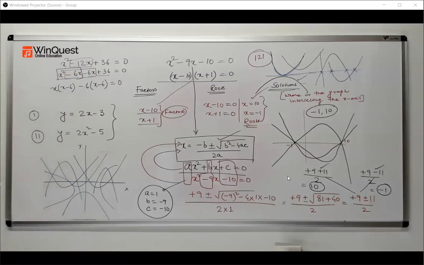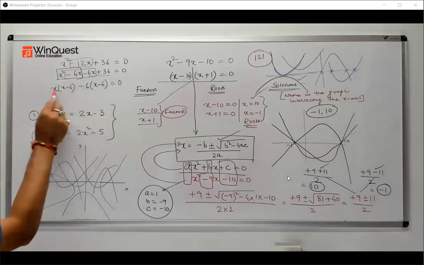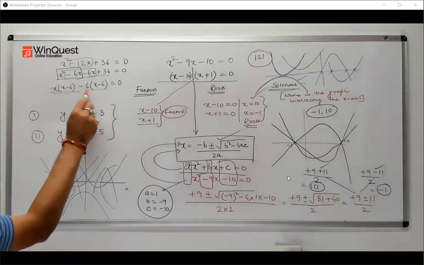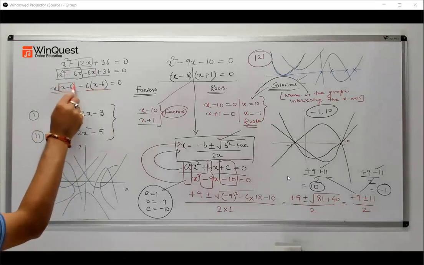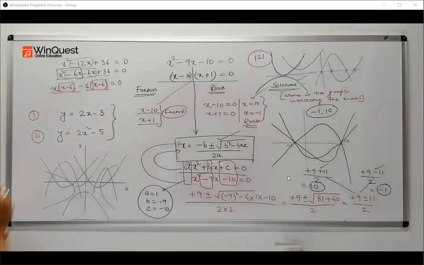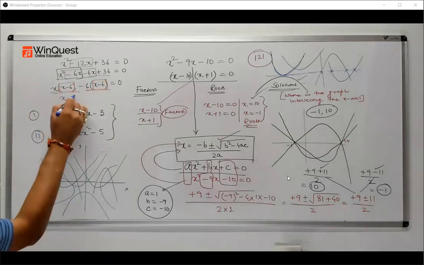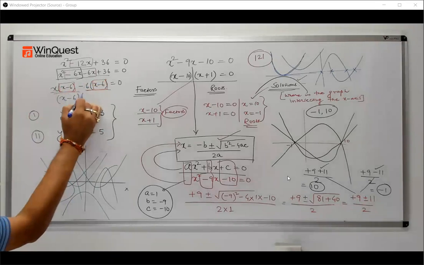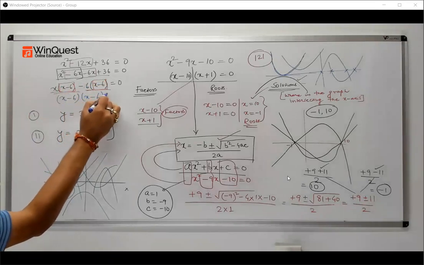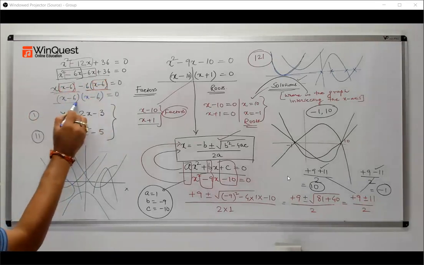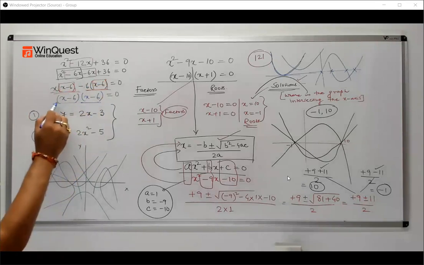Now, with these 2 expressions, I'm going to take out this x minus 6 again. If I take out x minus 6 back again, I'll be left with this x here and this minus 6 again. So you see that the 2 terms are the same here.